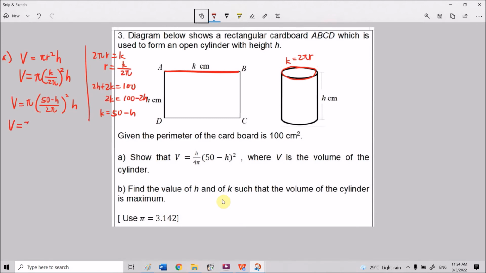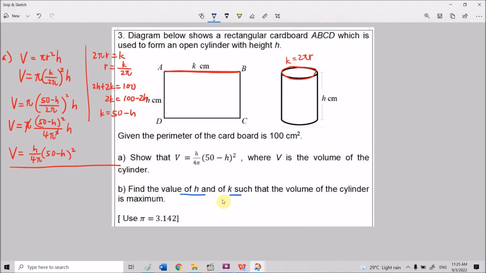So I take this 50 minus h squared. The squared applies to both the numerator and denominator here, so it becomes 4 pi squared. The pi and the pi cancel, so I'm left with h over 4 pi times 50 minus h squared, which is here. So it's proven.